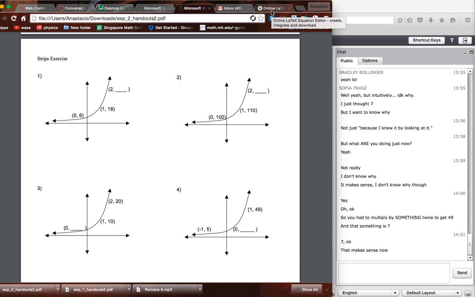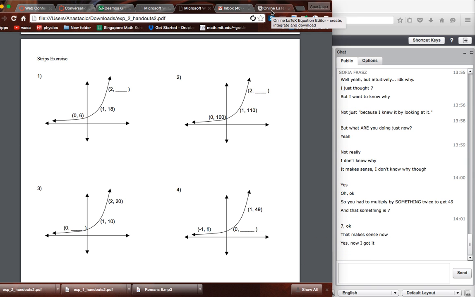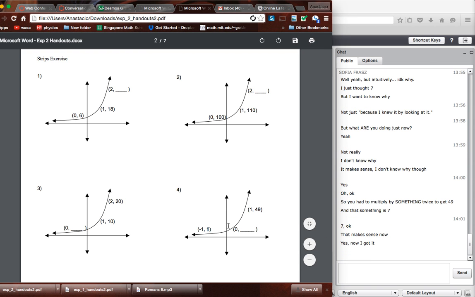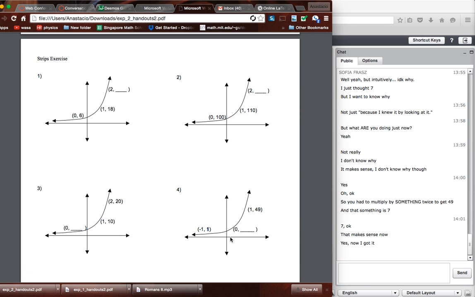But now what we need to figure out is what is the a value? What is my gummy bear factor? Let's call it that for now. The a is going to be the gummy bear. What is my gummy bear factor? What is my stretch?